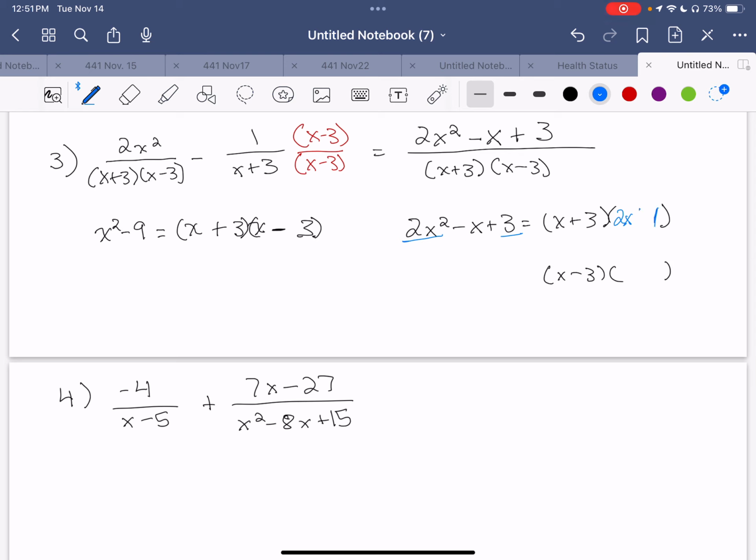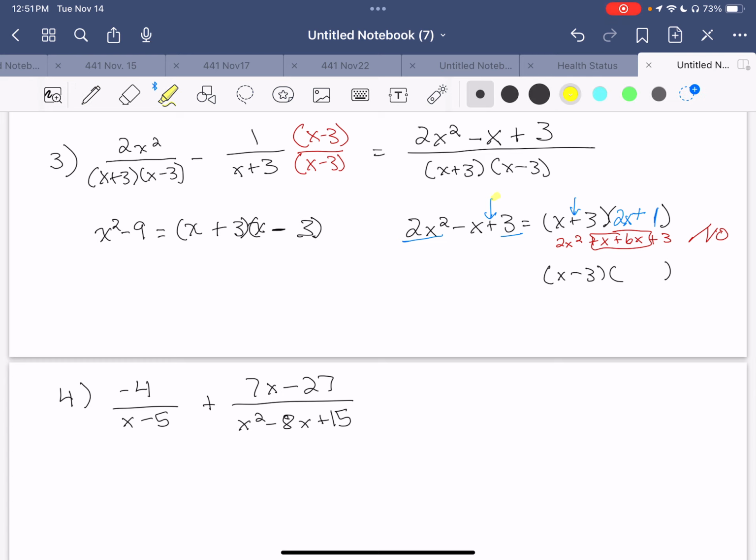And it would have to be positive since this first one is positive and this is positive. So does this work? So I get 2x squared plus x plus 6x plus 3. This gives me 7x. No, because I need negative x.